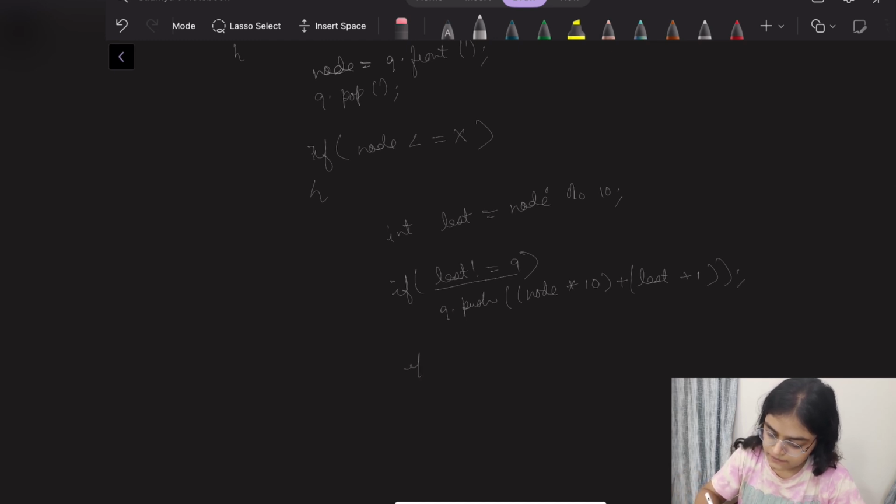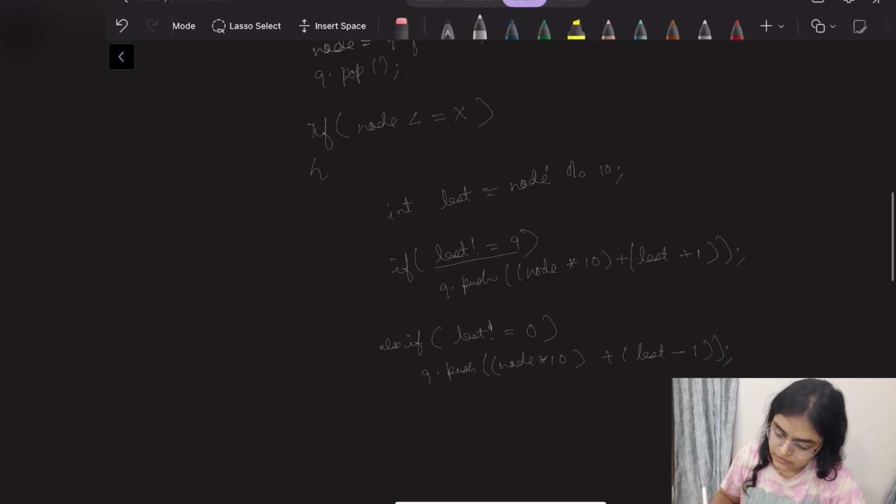And else if last is not equal to 0, then we have to push the minus 1. Q dot push node into 10 plus last minus 1.